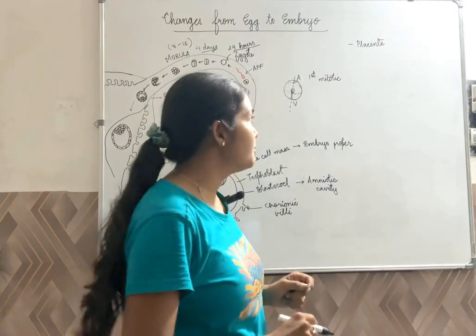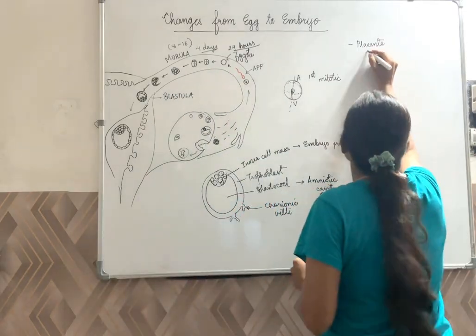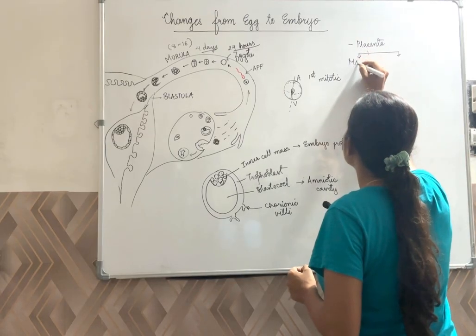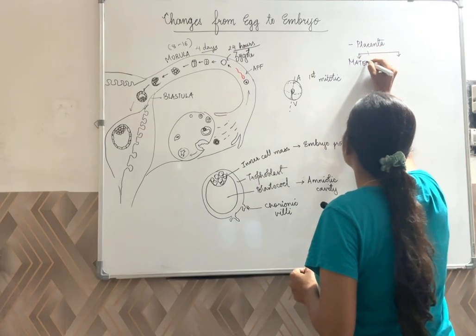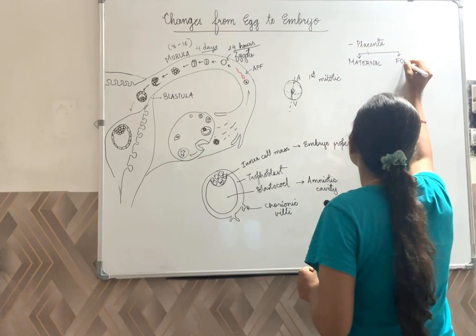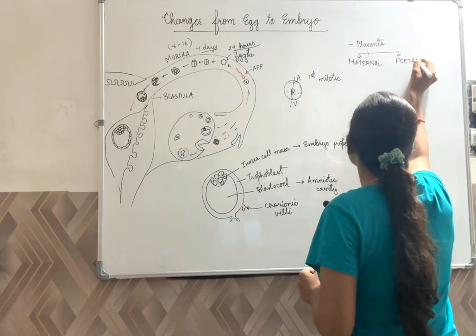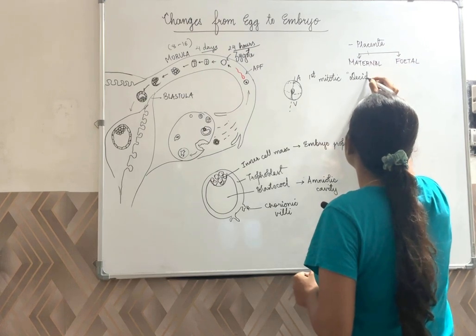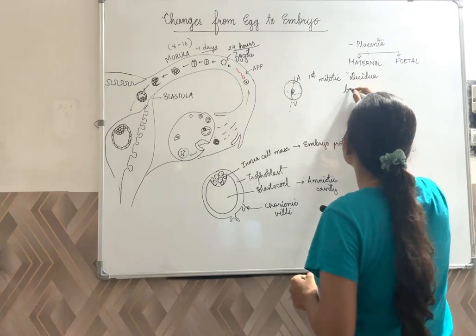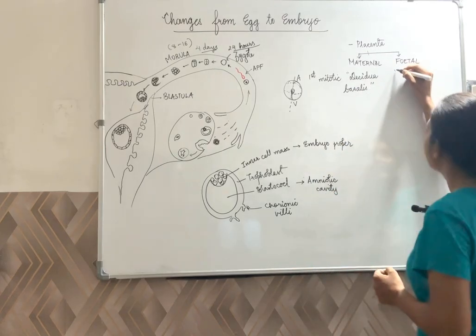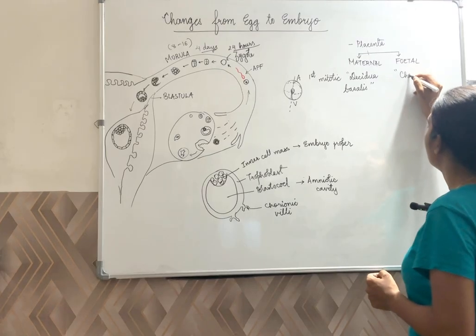One is the part which belongs to the mother, so there is the maternal part, and then there is the part which belongs to the fetus, the fetal part. The maternal part is called decidua basalis, whereas the fetal part is called chorion.